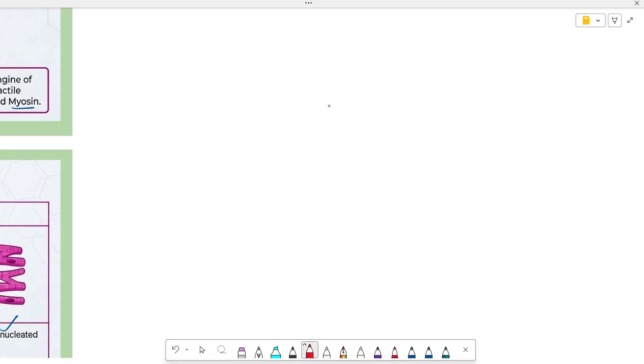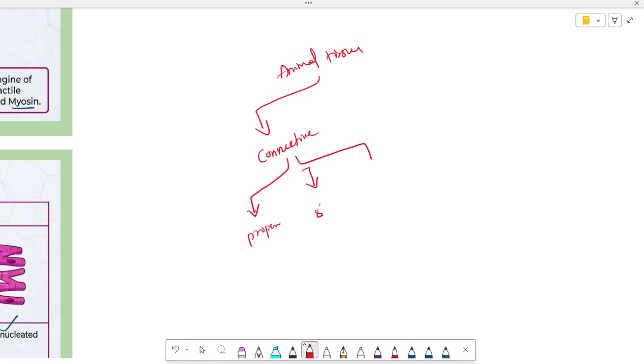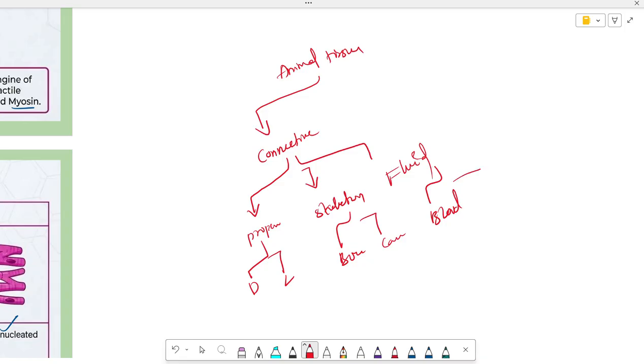We started animal tissues, and under animal tissues today we started connective tissue. Connective tissue is further divided into three types: first proper, second skeleton, and third fluid. Under proper we have dense and loose, under skeleton we have bone and cartilage, and under fluid we have blood and lymph.